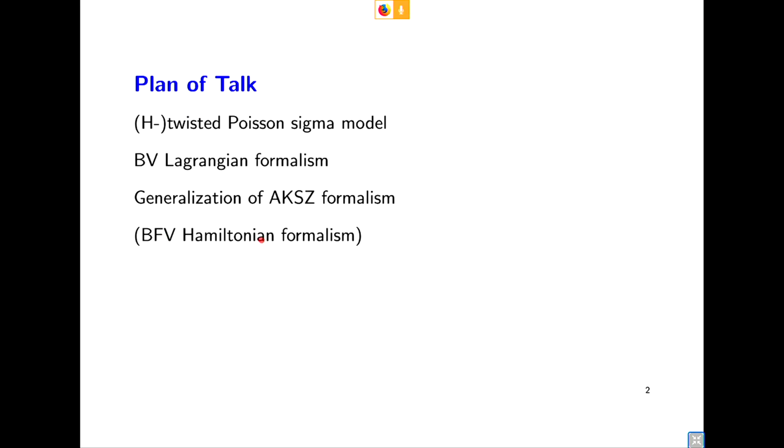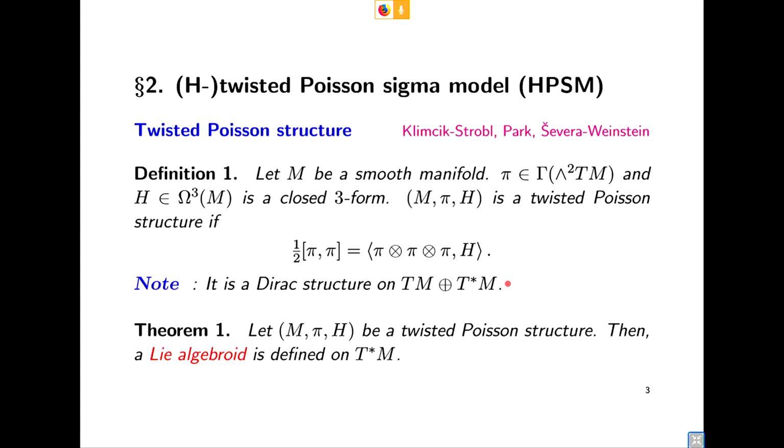And if there is time, I want to explain the BFV formalism. First, I'd like to explain the twisted Poisson sigma model, so-called H-twisted.